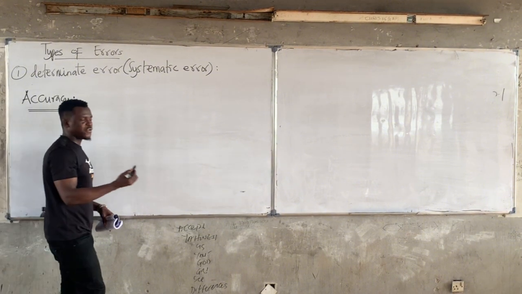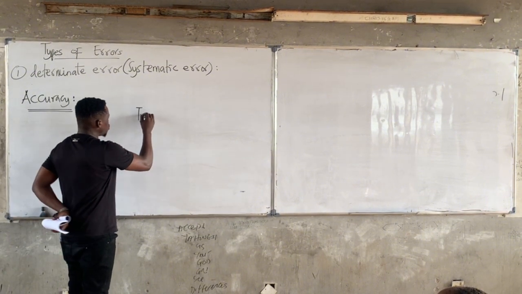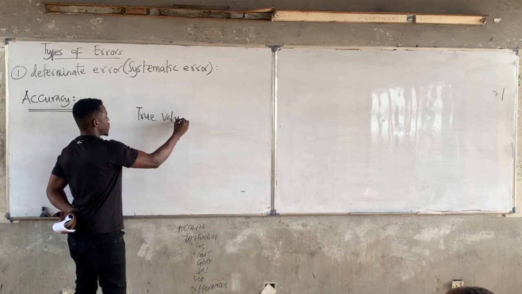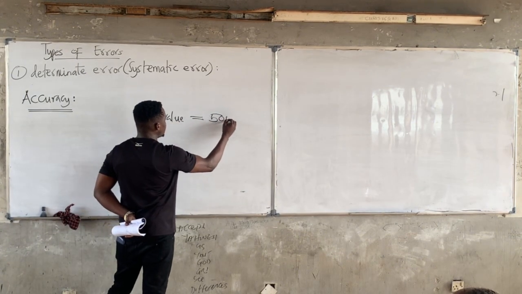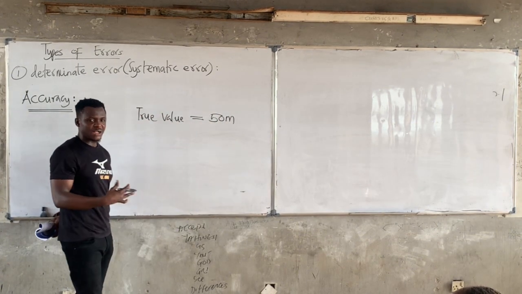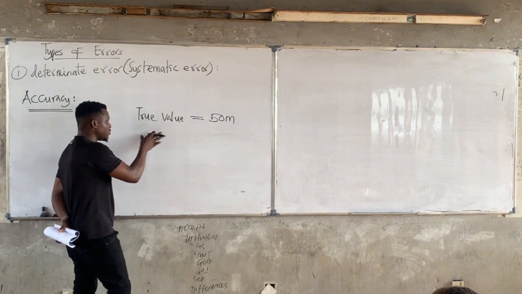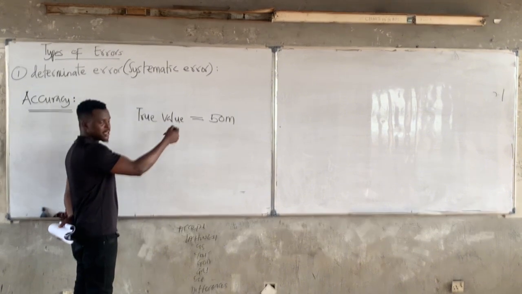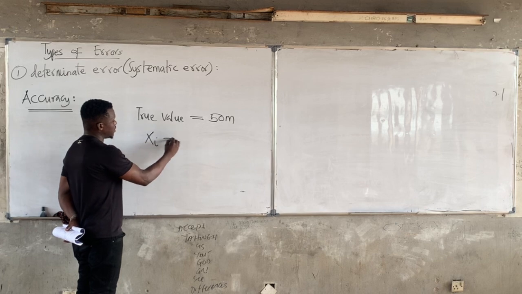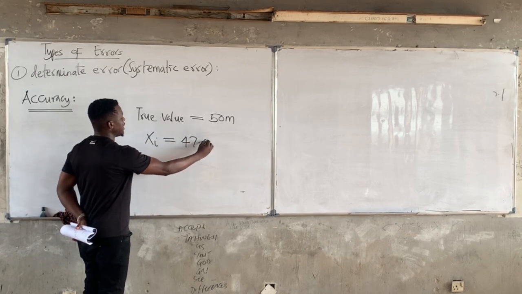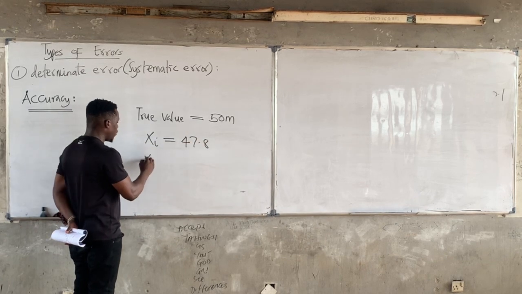Let's say the true value is equal to 50 meters, and you go and measure this length and get a measured value of 47.8. Then you have another one.